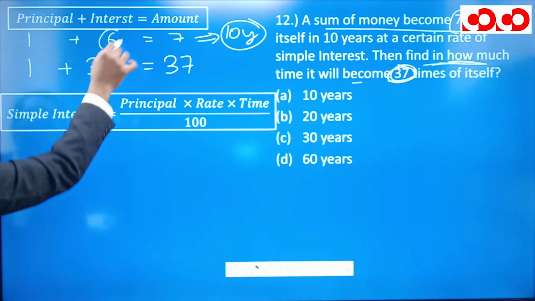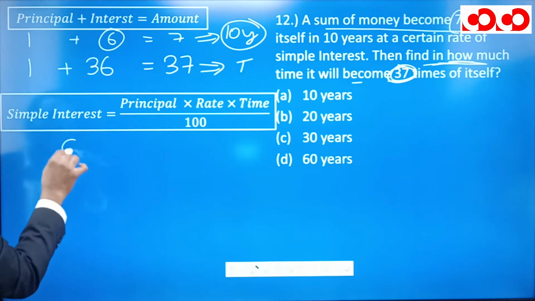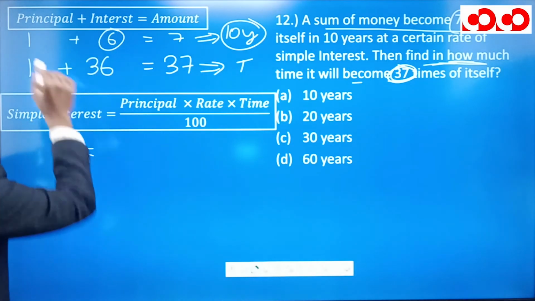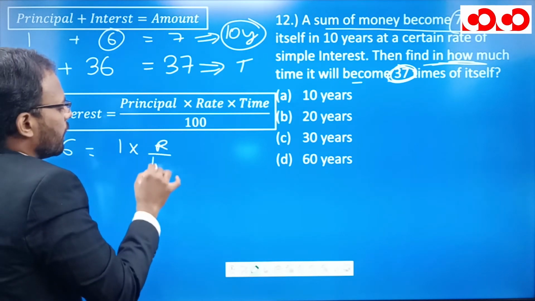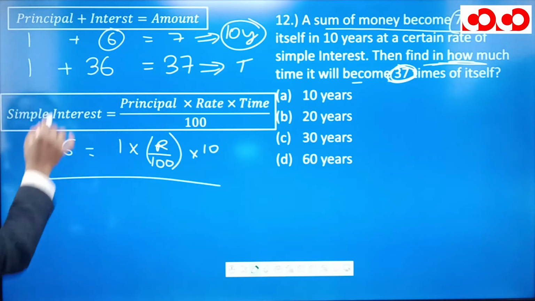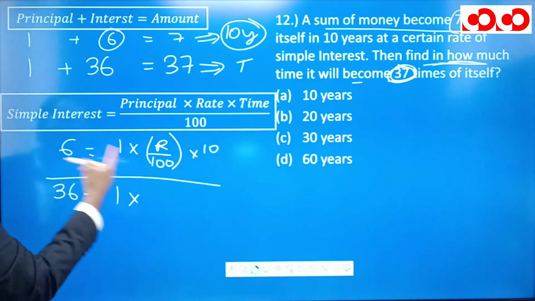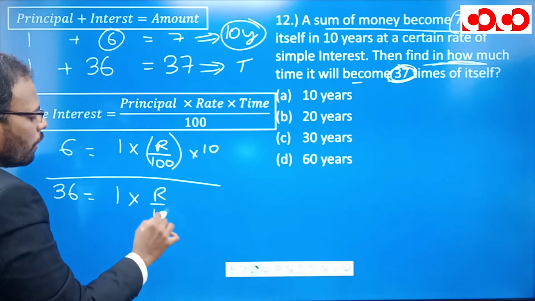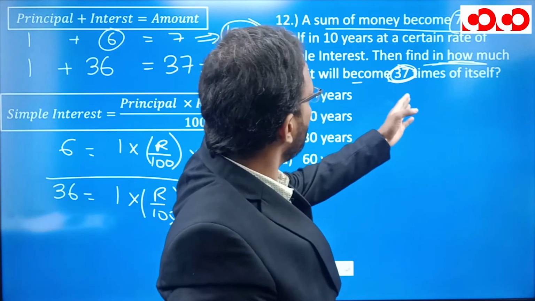In the first case, let the time over here be t. The interest is 6, principal is 1, rate we don't know, divided by 100, and the time is 10 years. In the second case, it is 36, and principal is 1, rate we don't know. However, it is mentioned, in how much time it will become 37 times.